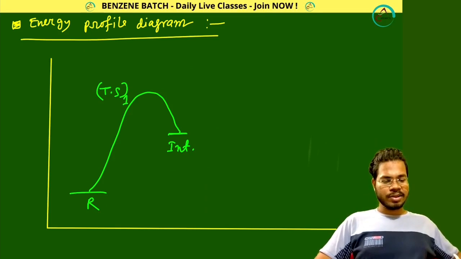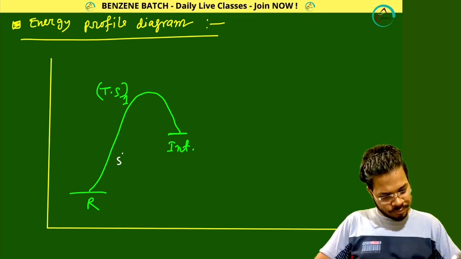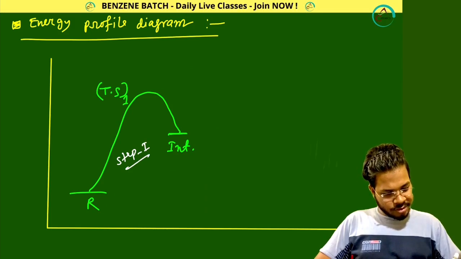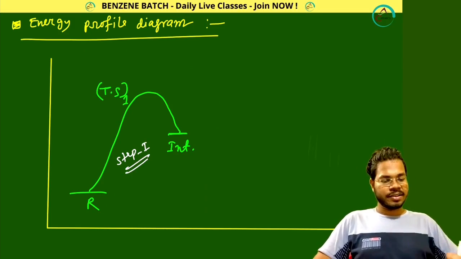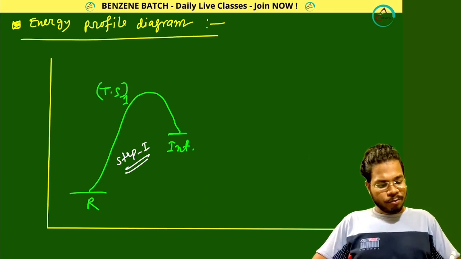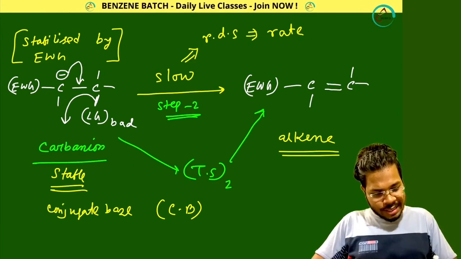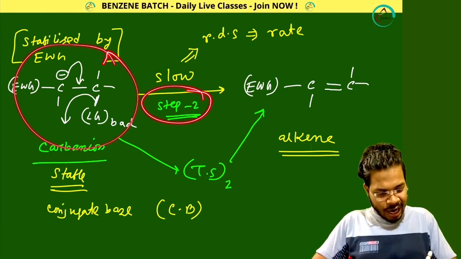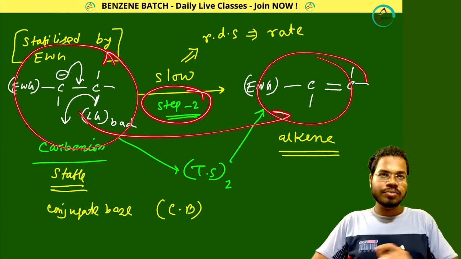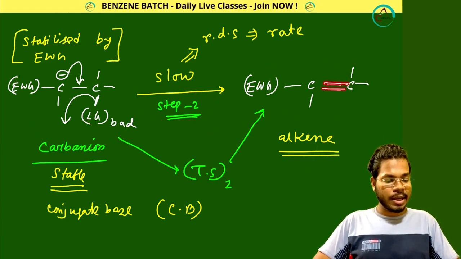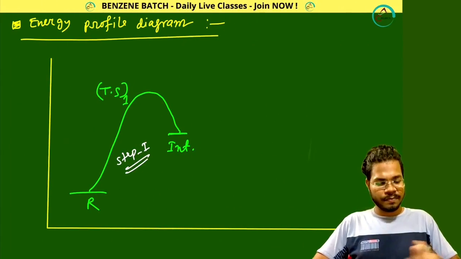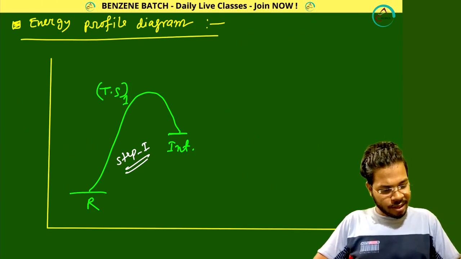Definitely yes, because this is my step 1. Perfect. Now similarly, from the intermediate through step 2, I will be getting my product, and the product has a double bond. That means a very stabilized product.